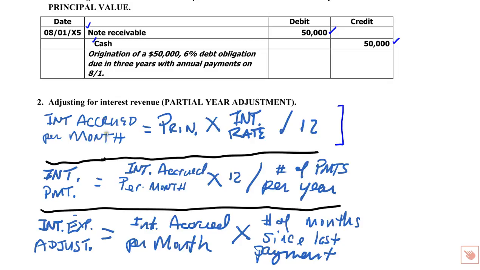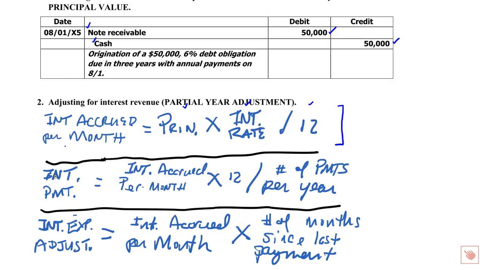And there are different ways to do this. Sometimes when you have partial year adjustments, for depreciation or here for interest or for other things, it's good to think of interest accrued per month. You take the principal times the annual interest rate and divide it by 12. That gives you the interest accrued per month.